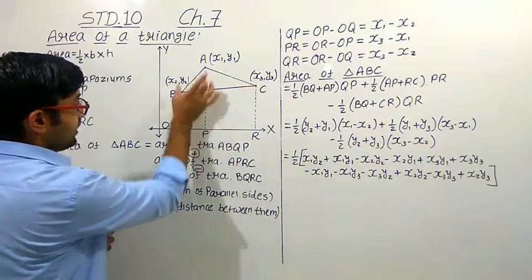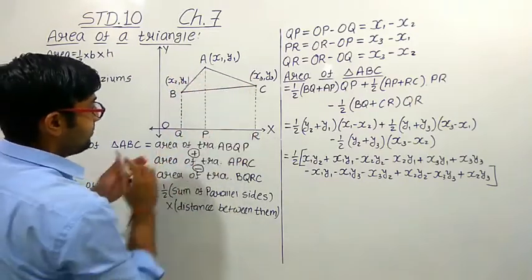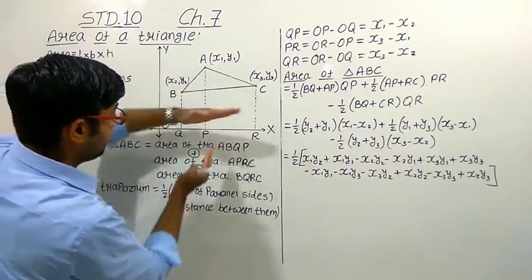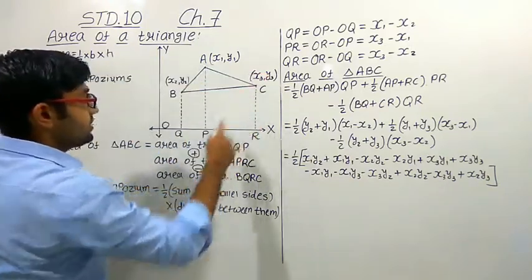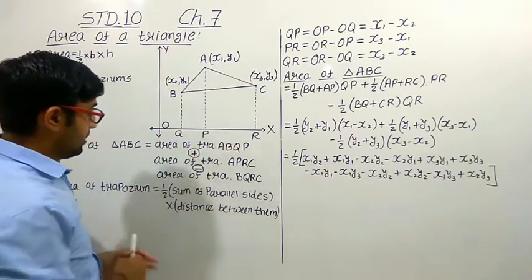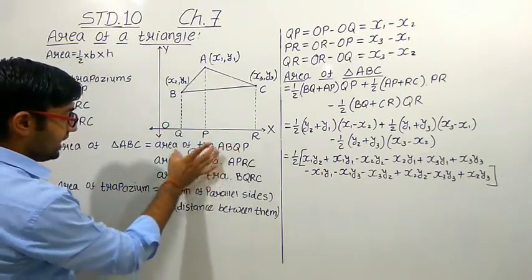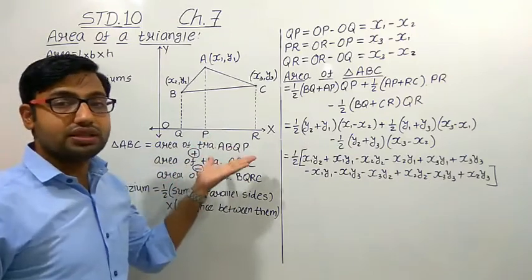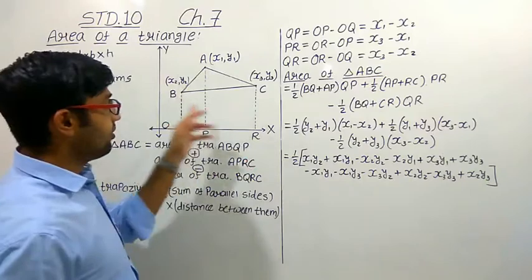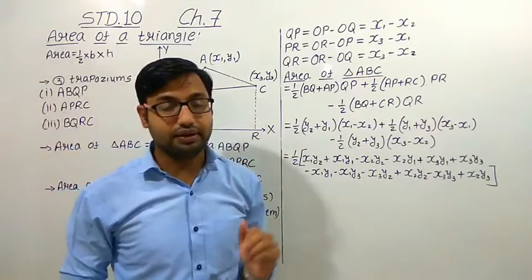So by adding the areas of this trapezium and this trapezium we get the total area. Now we have to subtract this much area so that only the area of ABC will remain. So we add the areas of these two trapeziums and subtract the area of BQRC from that. Then only the area of triangle ABC will remain.